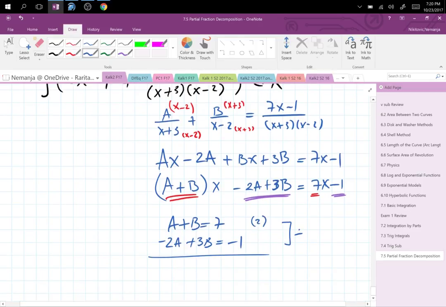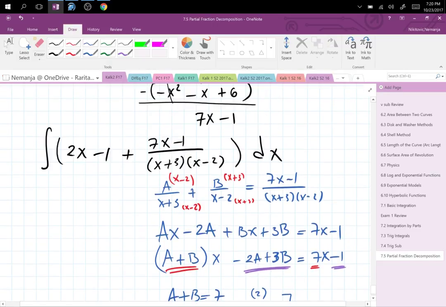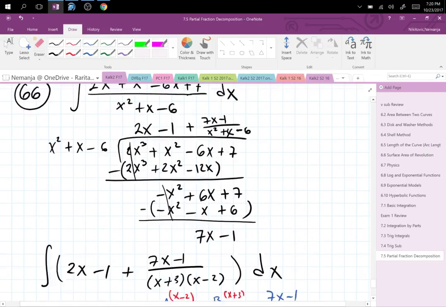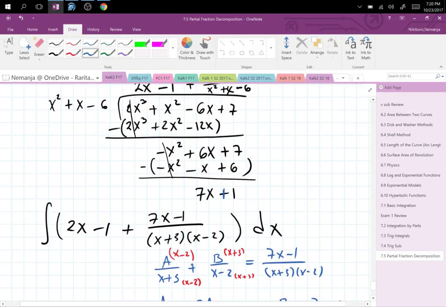Times 2 on the top equation and then add. Oh, this is so close. Should be plus 1? Ah, yes. We are adding.